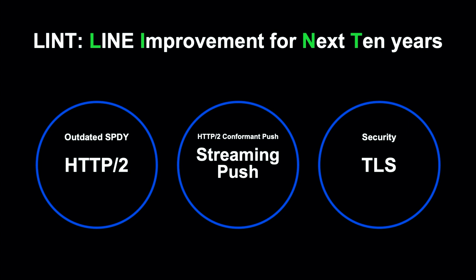The goals of these projects are to replace all the SPDY protocol with HTTP2, to use a standard conformant push mechanism, and to adopt TLS for every connection regardless of the client's network environment. From now, I'm going to explain what we considered and what has been done.